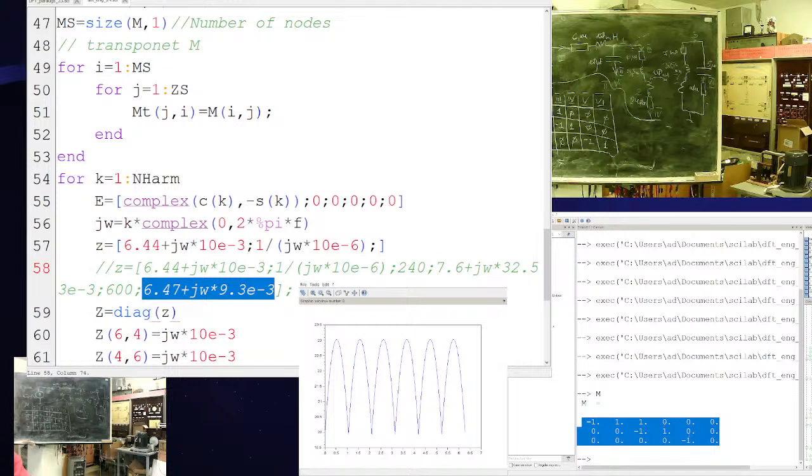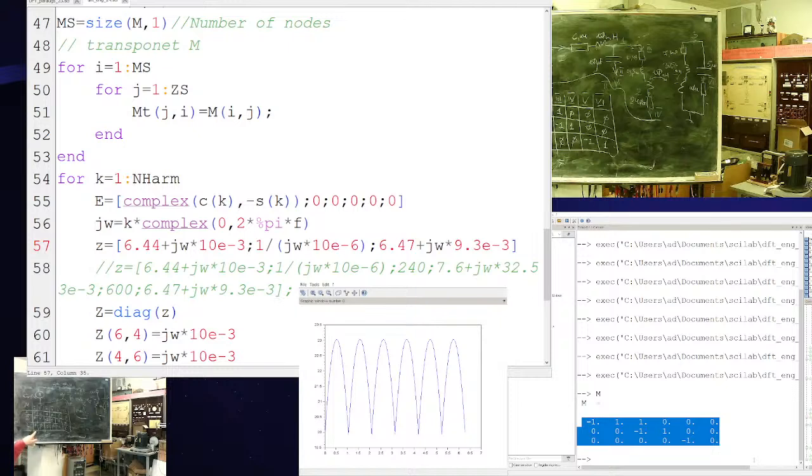This is the resistance of the third branch. 6.47 is the resistance of the copper wire making the coil, and 9.3 is the self-inductance at the base frequency. For the second harmonic it will be double, for the third triple, for the fourth quadruple, and so on.